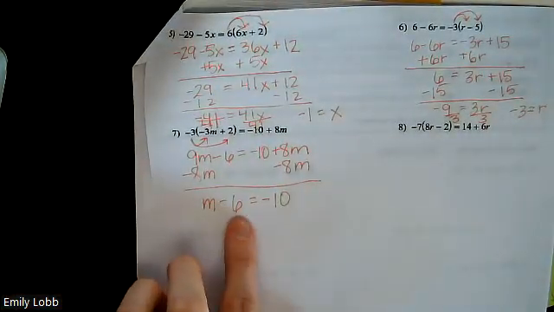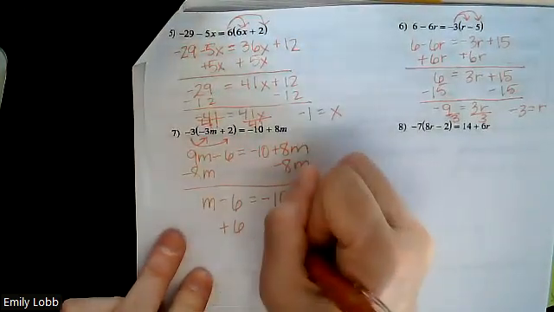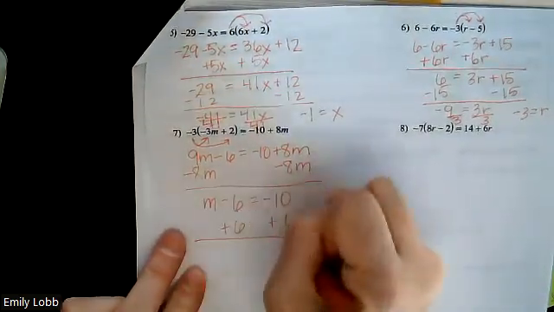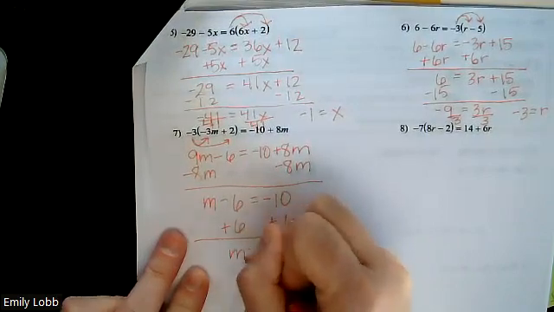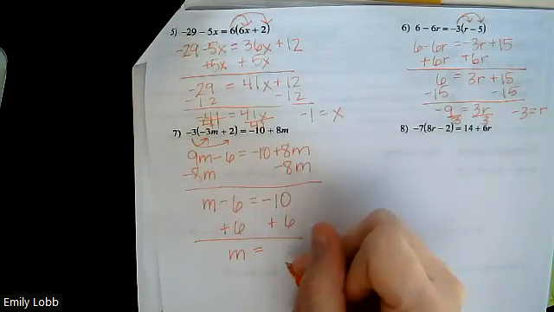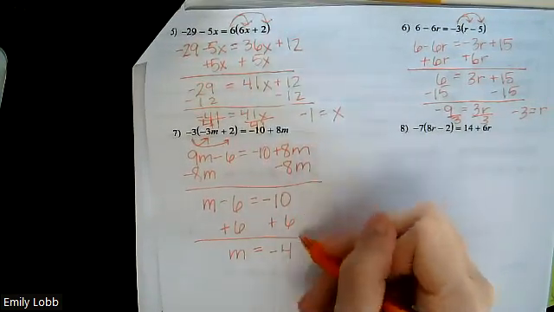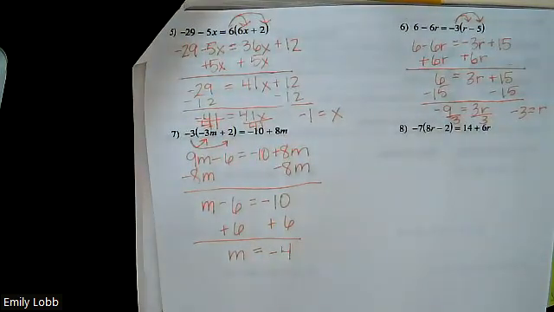To undo subtracting 6, all I have to do is add 6. This leaves me with m on the left, and -10 plus 6 is -4. When our signs are different, we find the difference. 10 minus 6 is 4, but it's the opposite.